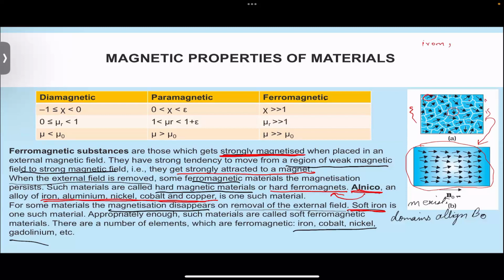We all know that we use bar magnets made up of iron or alloys of iron. Then you have cobalt, nickel, and also gadolinium. These are all examples of ferromagnetic minerals.